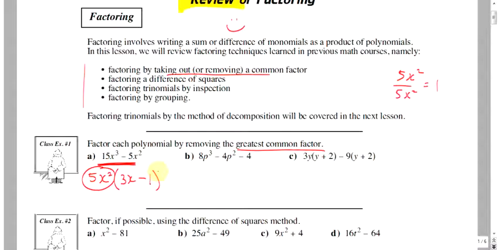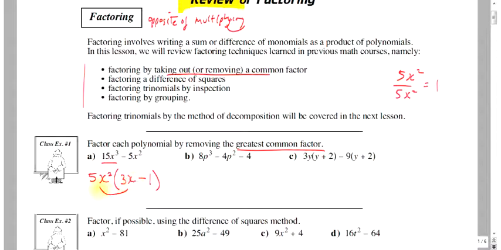Factoring is the opposite of what? Multiplying, right? So if I multiply this, if I expand this, I better get this thing again. So again, check it. 5x squared times 3x. Is that 15x cubed?